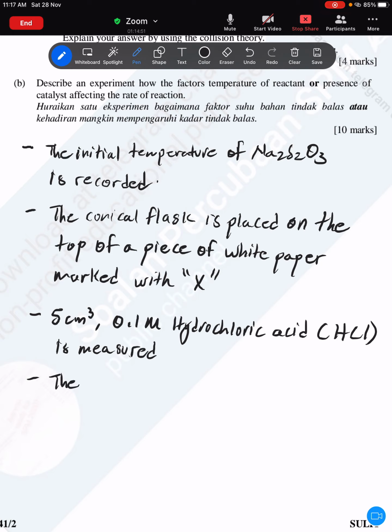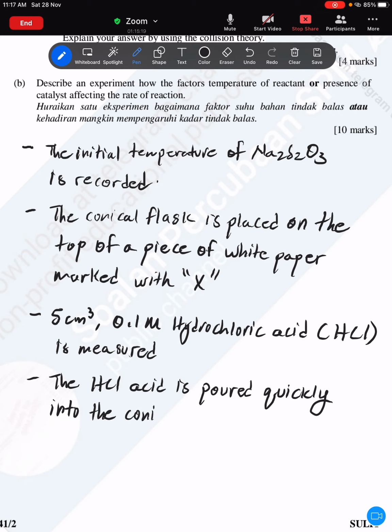The HCl acid is poured quickly into the conical flask.